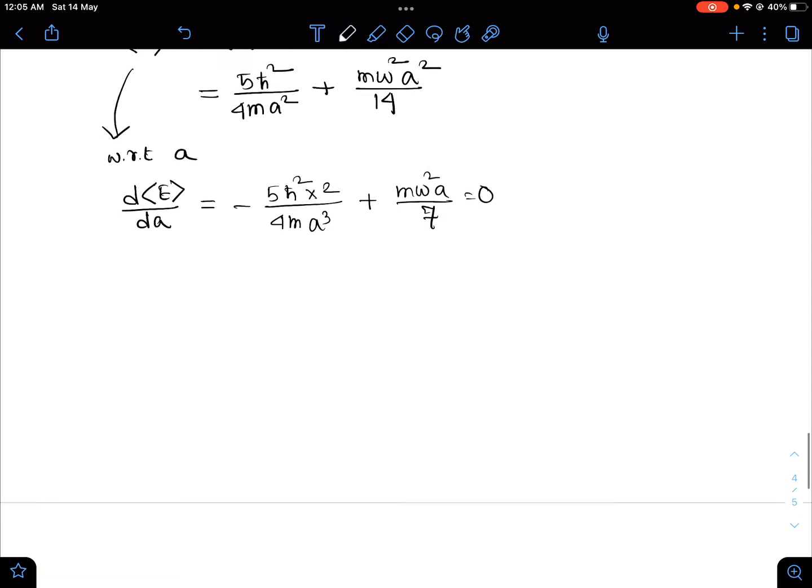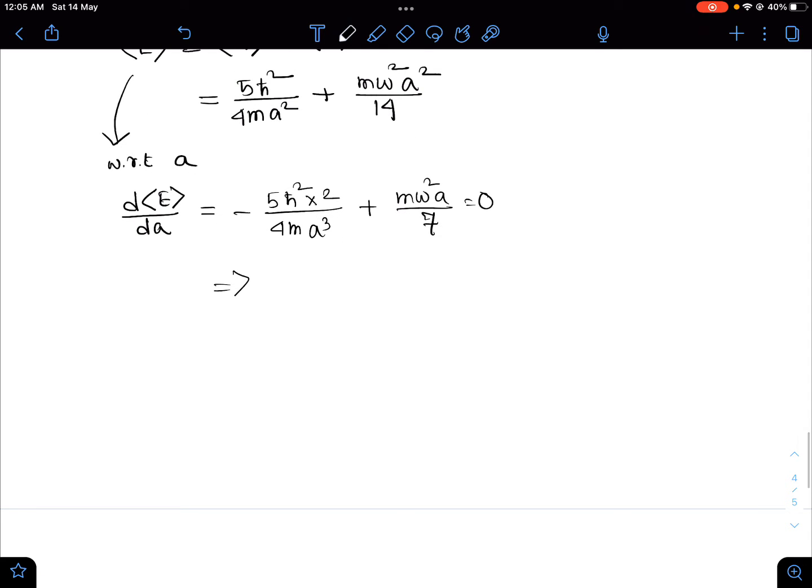So that will be 0. So it will give us the value of like 5, it will be 2. So 5ħ² by 2ma³ is equal to m ω² a by 7.